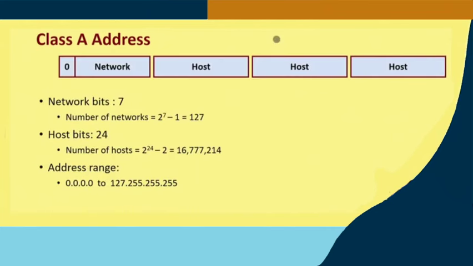Fine. Let us look at the class A address first. The way we identify that this is a class A address is that it must start with 0. Any address that starts with 0 is identified as a class A address.